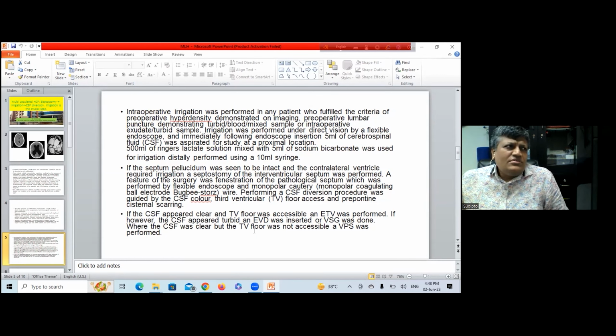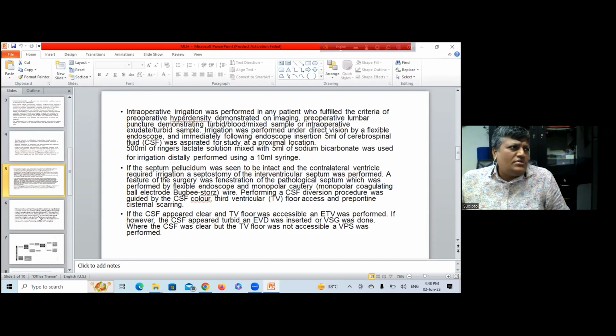If the floor of the third ventricle is normal and the anatomy is normal, we can do third ventriculostomy at the same sitting, or we can abandon third ventriculostomy if the anatomy is strongly distorted.